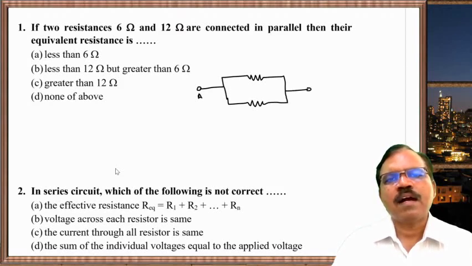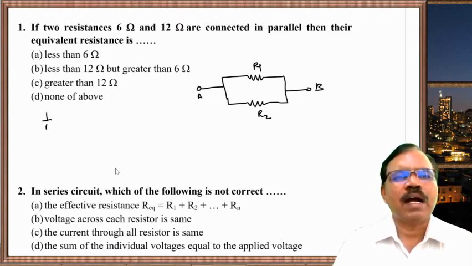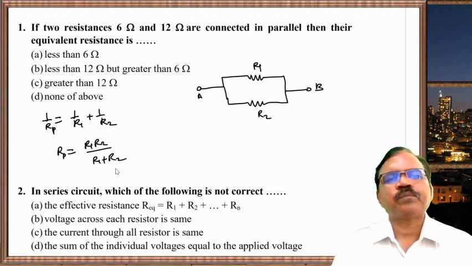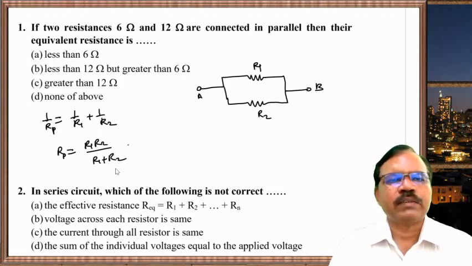So we get 1 upon R is equal to 1 upon R1 plus 1 upon R2. So R is equal to R1 R2 upon R1 plus R2. This is the resistance for a parallel combination between 2 points. So here R1 is 6 ohm, R2 is 12 ohm, divided by 6 plus 12.